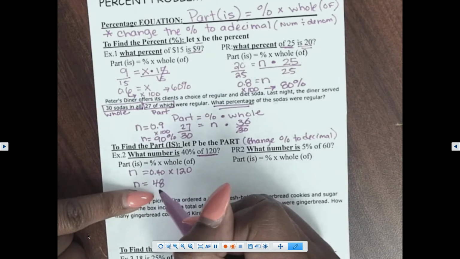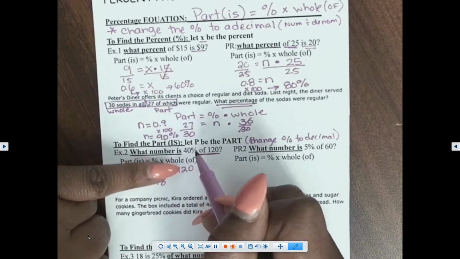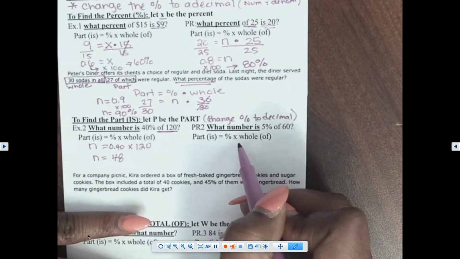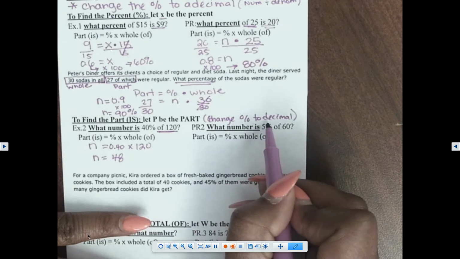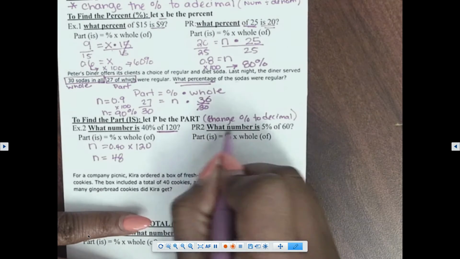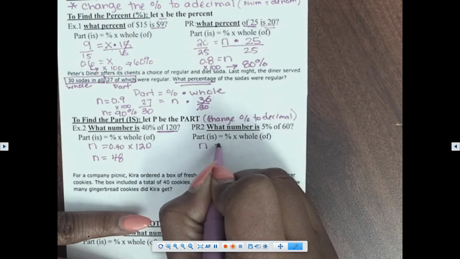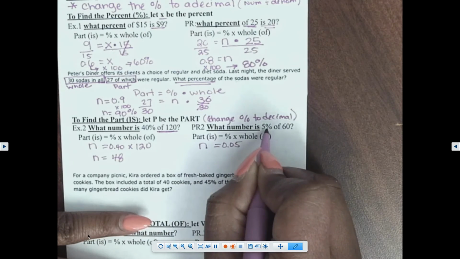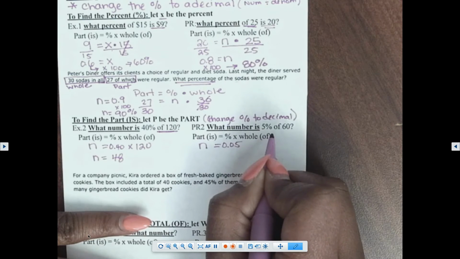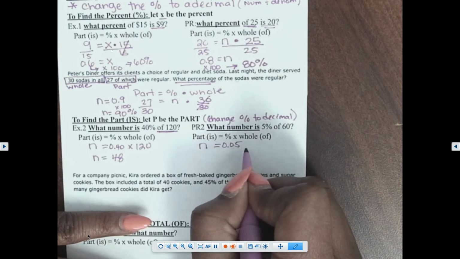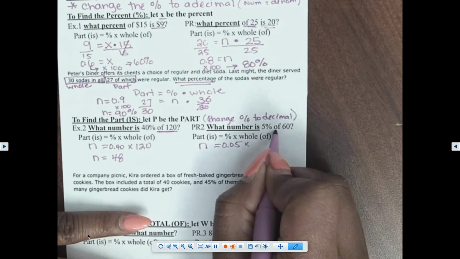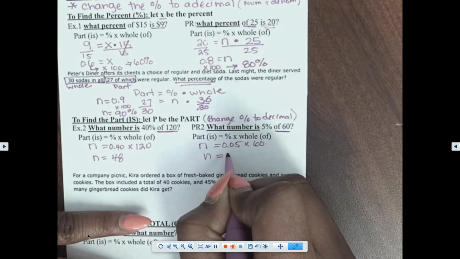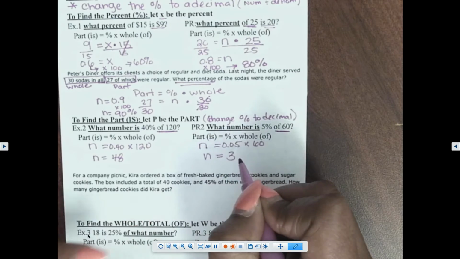So 48 is 40% of 120. The next one says, what number is 5% of 60? What number? N is 5%, 0.05. Remember, that's just 5 divided by 100. And you get times of, which is 60. So n equals 3.